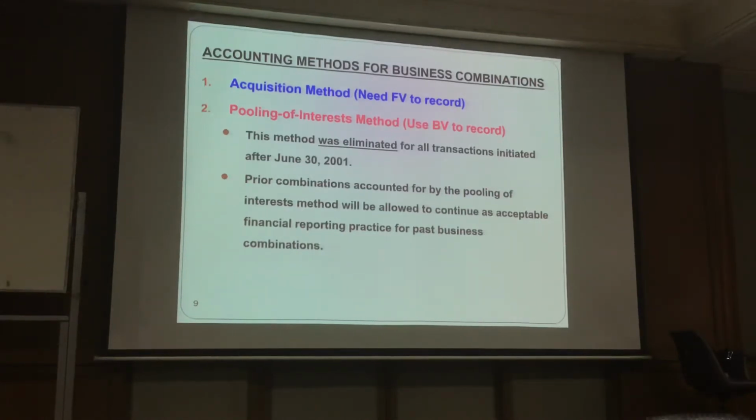For example, PTT. PTT is a big one, which is the parent. They have a lot of subsidiaries. Once they say PTT A is combined with PTT B, 2 companies combined together, those companies are under single management, which is PTT.